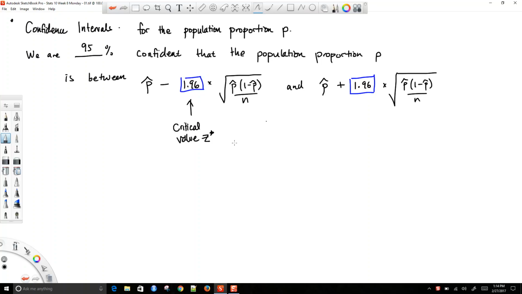So perhaps I can rewrite these two equations to just P hat plus or minus z star times the square root of P hat times 1 minus P hat over n.